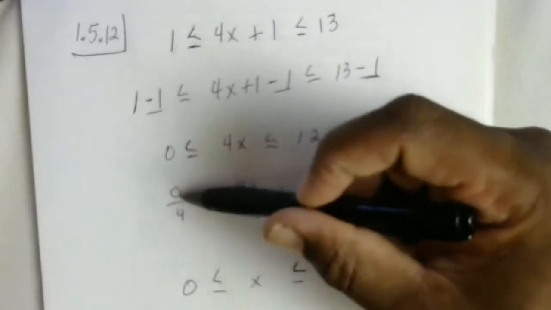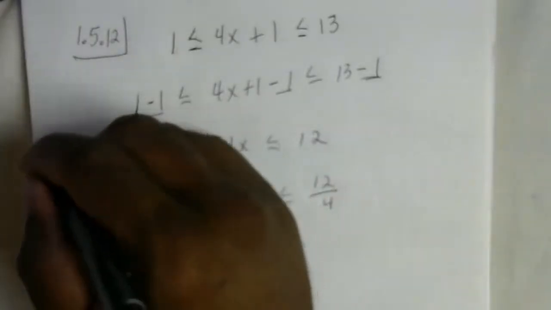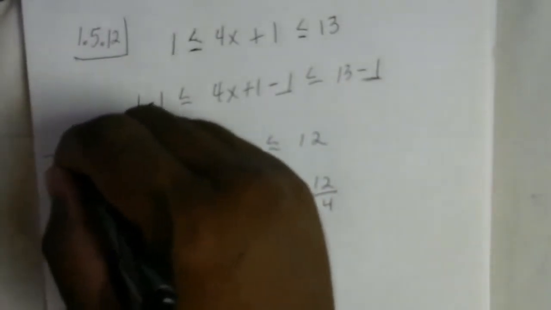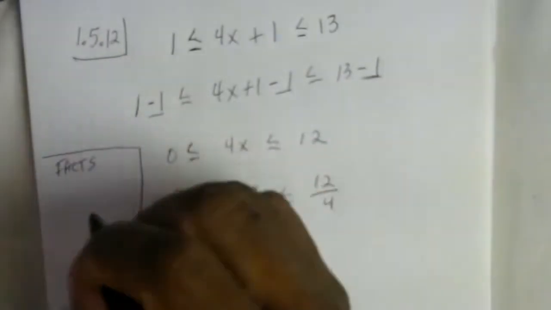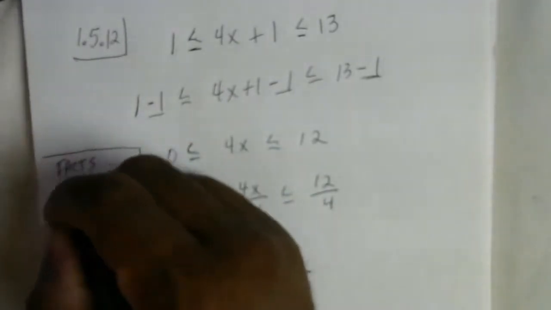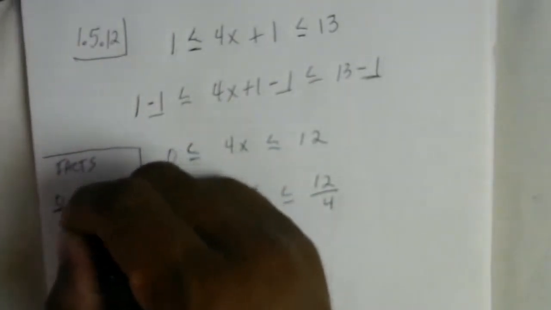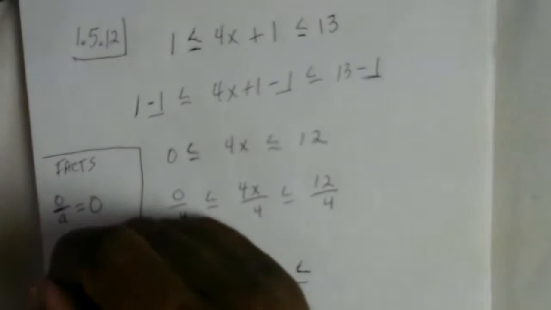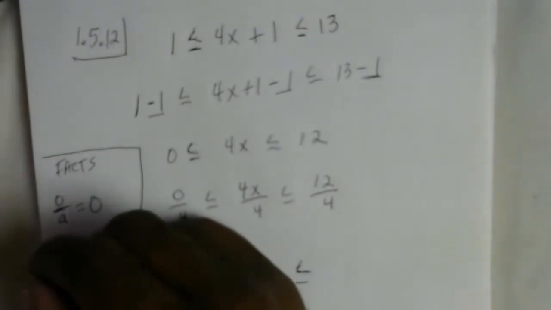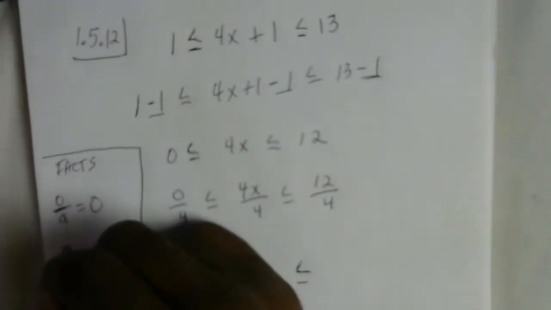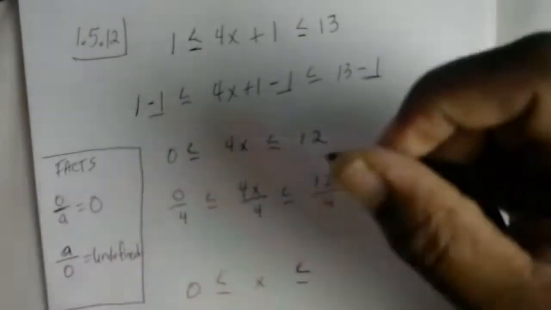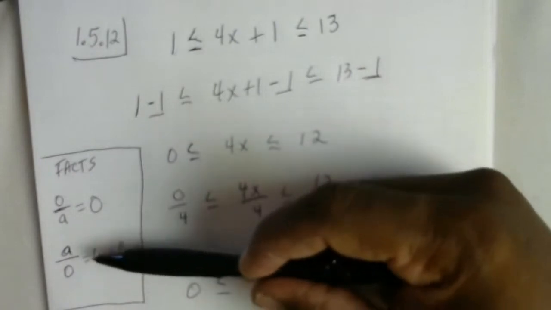So just a note on this. Okay, this is just a side note for some facts. 0 divided by any number is 0. Any number divided by 0 is undefined. So you can't divide by 0.